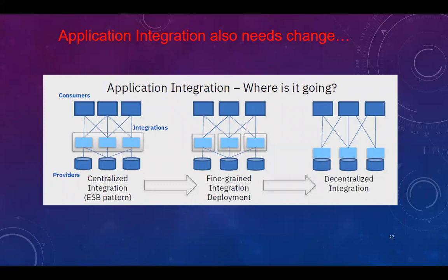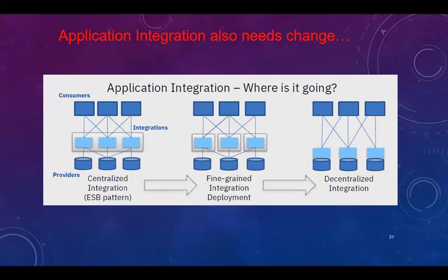If this is the kind of architecture that is happening, then integration also needs to evolve as per the changes in the industry. Application integration earlier used a centralized ESB, and everything was handled there, mostly on-premises.